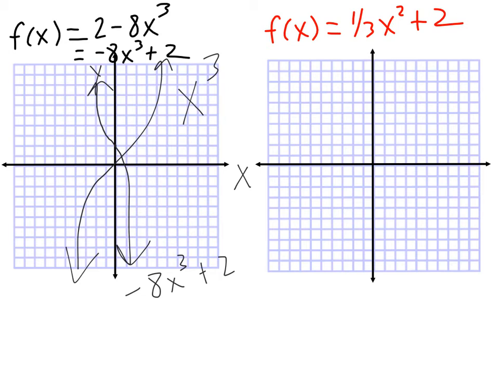Got ourselves another quadratic. There's my parent function. Great point: if you want to pause with these and see if you can graph it on your own, it's a good idea. I see 2 transformations. I see the shift up 2, and then the 1/3 makes that graph wider.